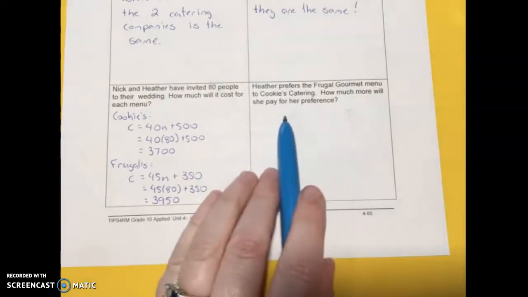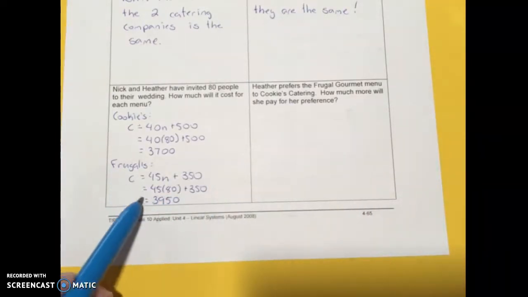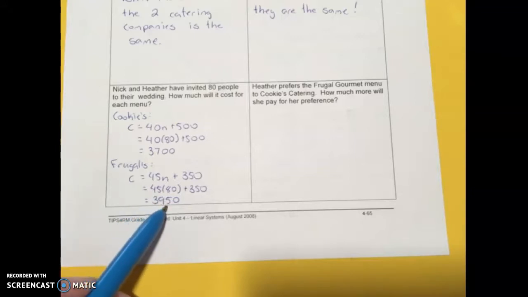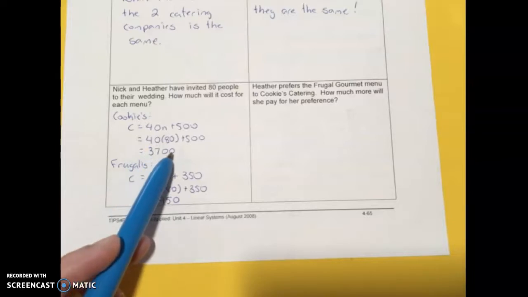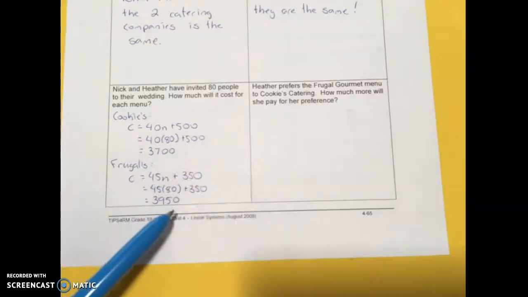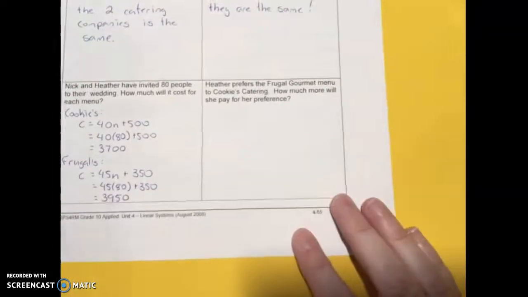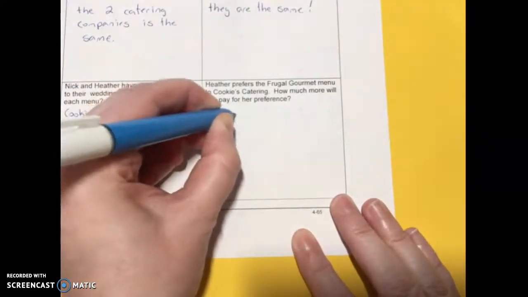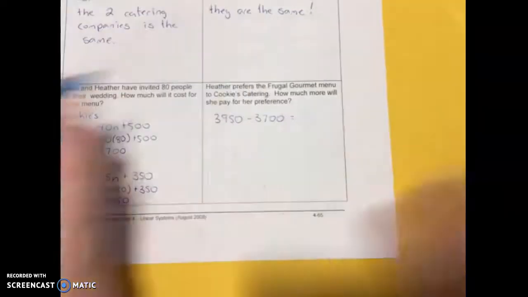Okay, so Heather really prefers the frugal menu to cookies. How much more will she pay? Well, if you notice here, frugal, the total cost for her 80 people will be $3,950. For cookie, it'll be $3,700. So how much more will she pay? Well, we're just going to find the difference, right? So we're just going to do $3,950 minus $3,700.